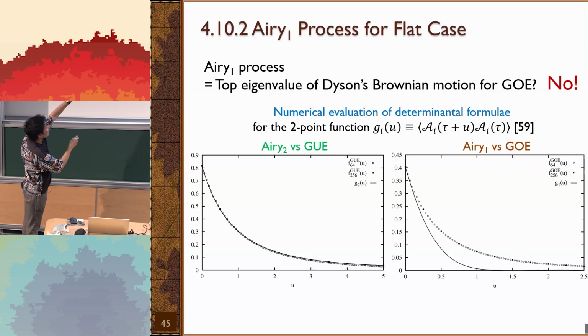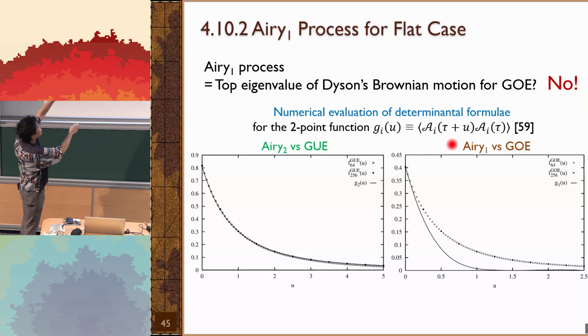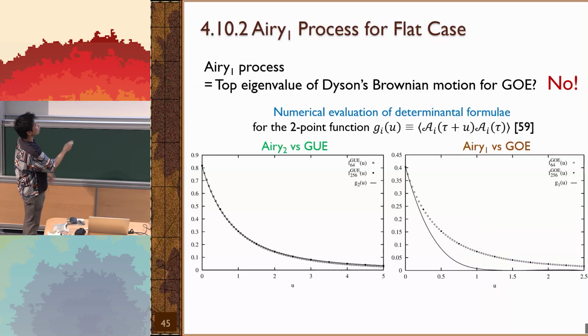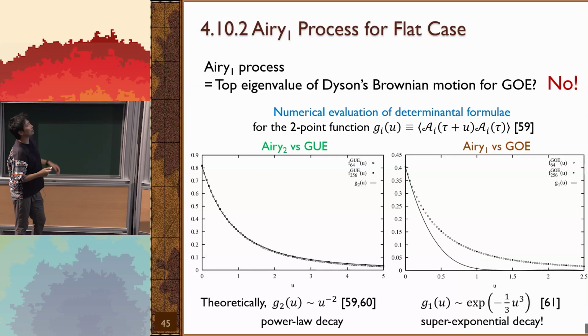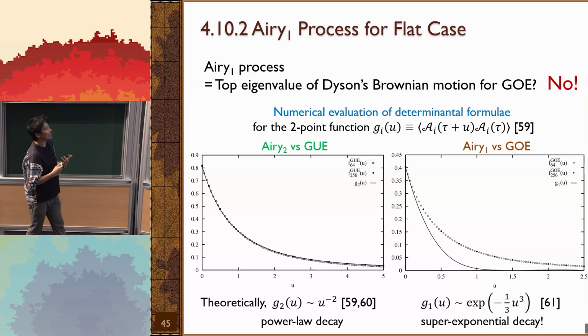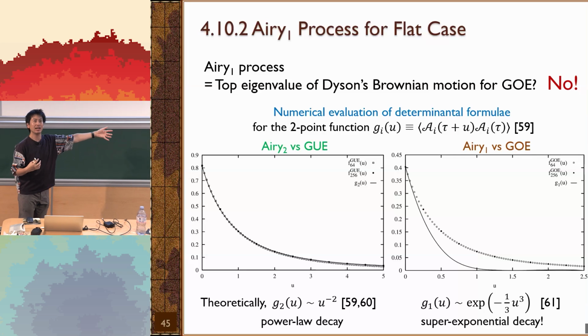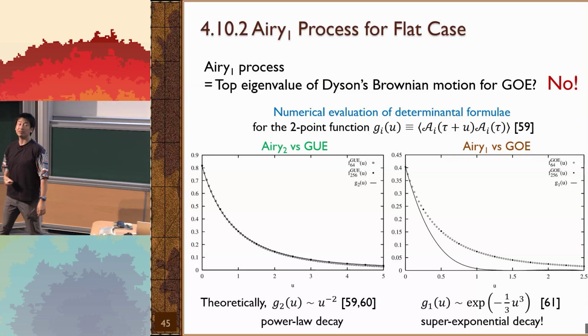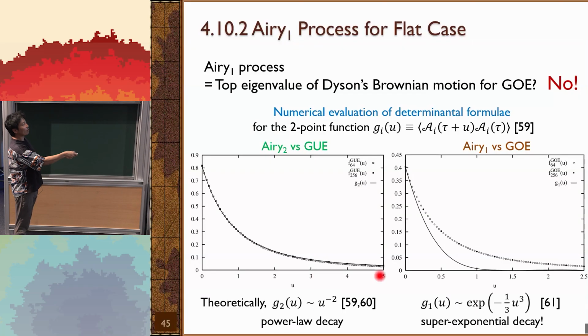This is a plot taken from this paper, and if you plot the covariance of the two processes, then it is clearly different in the case of the Airy 1 and GOE Dyson's Brownian motion. So unfortunately, to evaluate the Airy 1 process, we really need to evaluate the determinantal formula obtained for it, and we cannot approximate it by Dyson's Brownian motion. And the way the covariance decays is actually quite different.